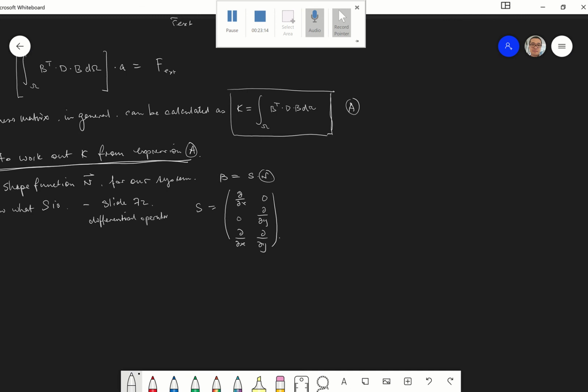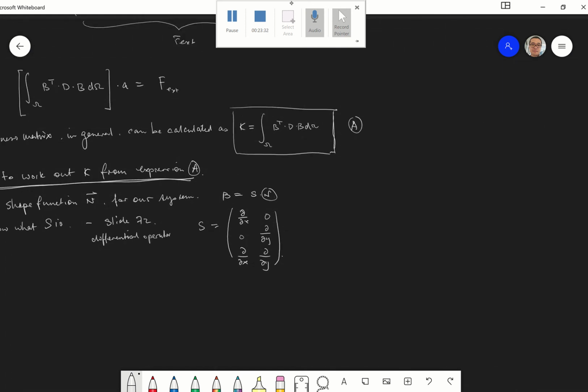So basically, if you think about this, what you can say is that the epsilon, the strain, is related to what? The strain along the x direction, right?